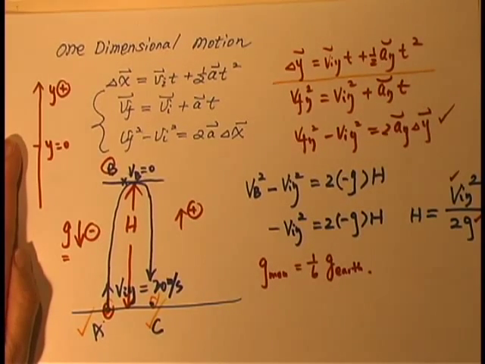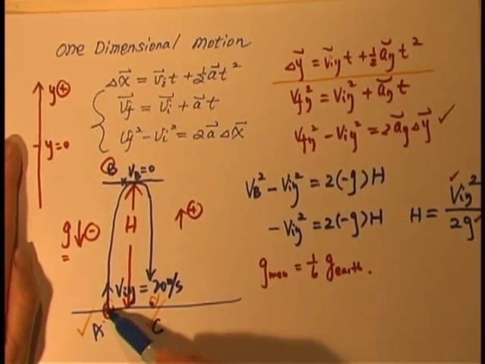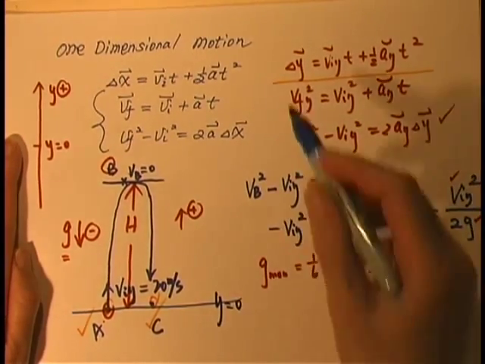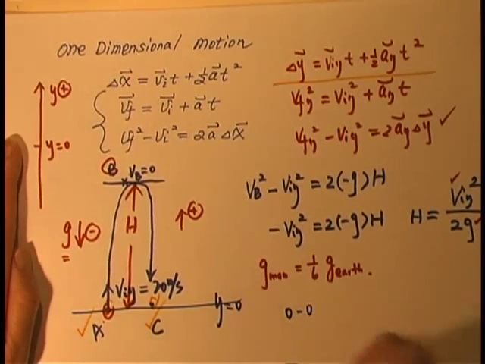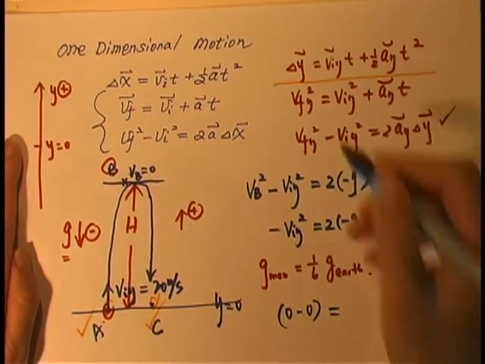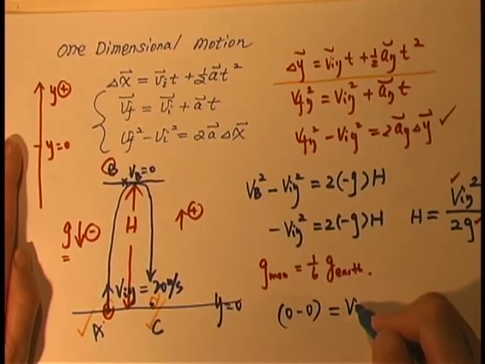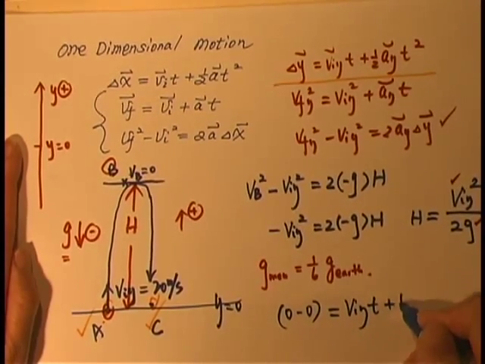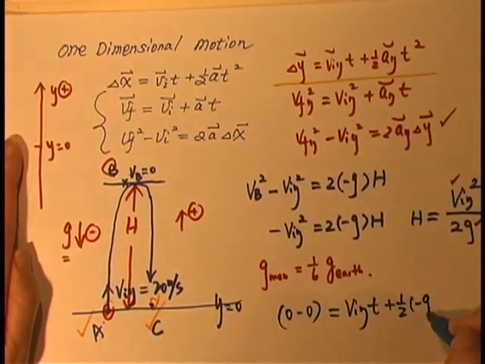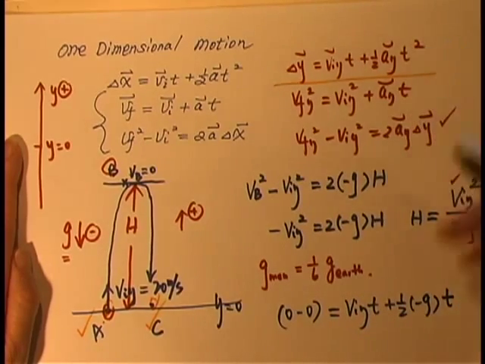Why? Because look, if we choose A as initial and C as final, because we're talking about the y direction, and we take the ground as y equal to 0, then your delta y is 0 minus 0 because both A and C are on the ground. Well, a little bit above the ground, okay? Your v initial y is positive because it's up, times t, plus 1/2 ay, the acceleration that is down, negative, value g, times t squared.